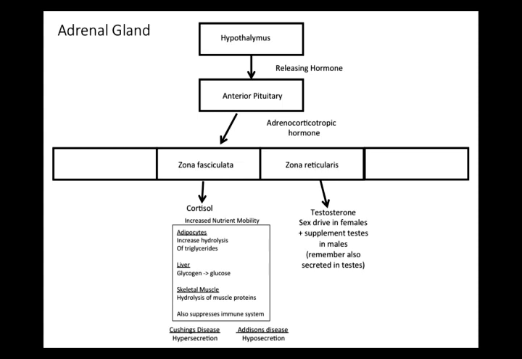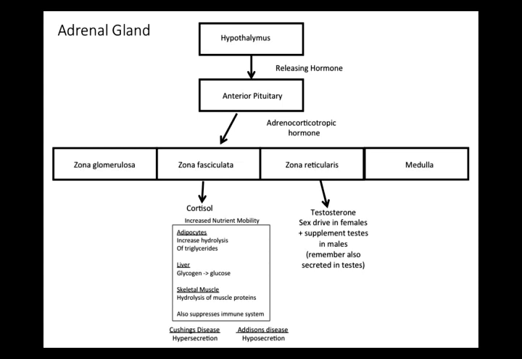Testosterone is responsible for sex drive in adult females. It also helps to supplement testes in adult males. And remember that this isn't the main location that we get testosterone, because it's mostly secreted in the testes. We just get small amounts of it that can be secreted via this area of the adrenal gland.